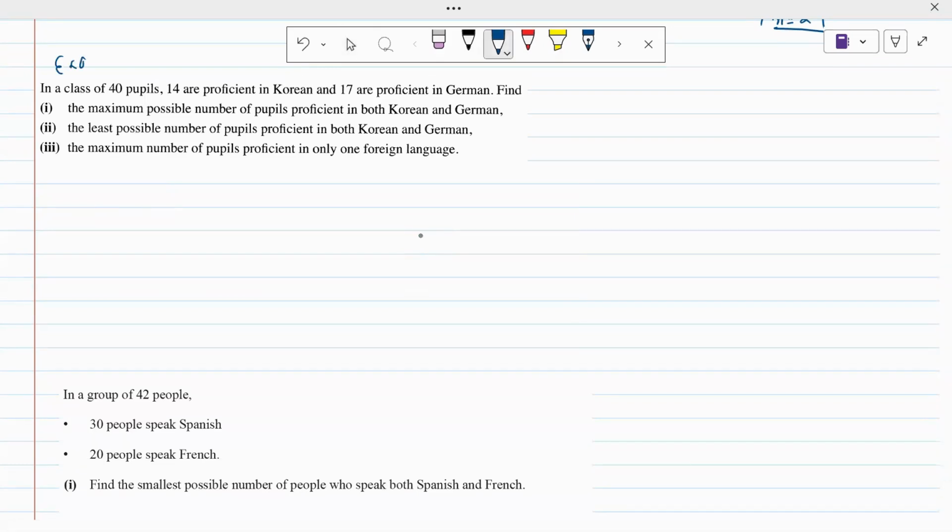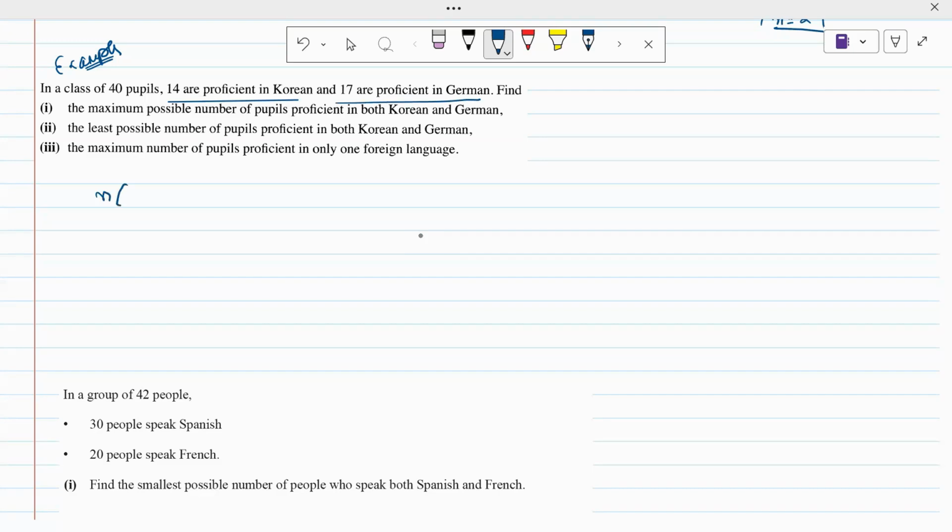The very first thing to figure out is whether it's disjoint sets or not. So is this the case of disjoint sets or not? No. Sorry? It's not. It is. Why? Because you see, 14 are proficient in Korean and 17 are proficient in German.